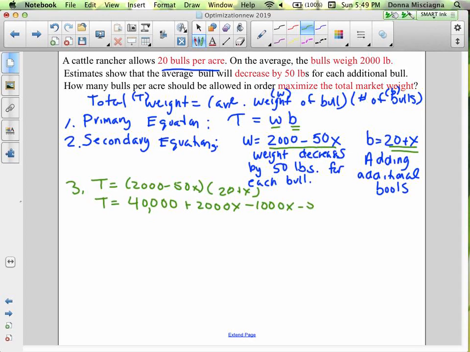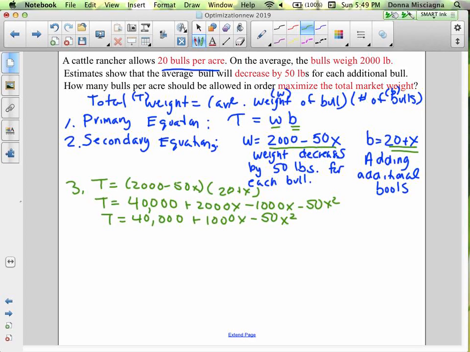And then minus 50x squared. We should combine like variables. So T equals 40,000 plus 1,000x minus 50x squared. All right, so there's our equation.